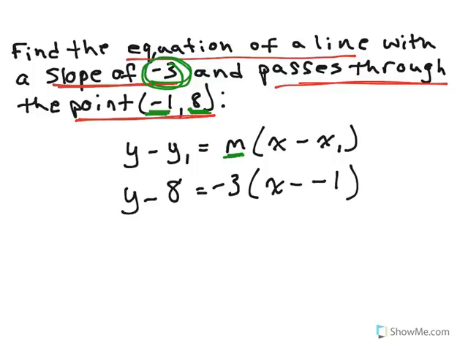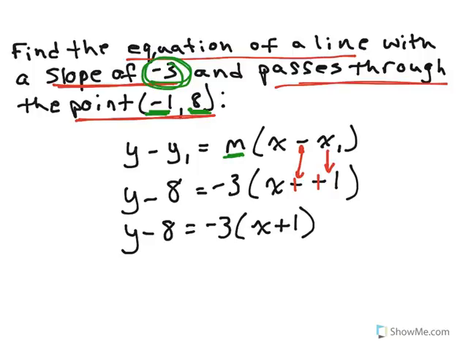Now be careful here. The equation says to subtract, but x1 is also negative. Minus a negative becomes positive. So our equation really is y minus 8 equals negative 3 times x plus 1.